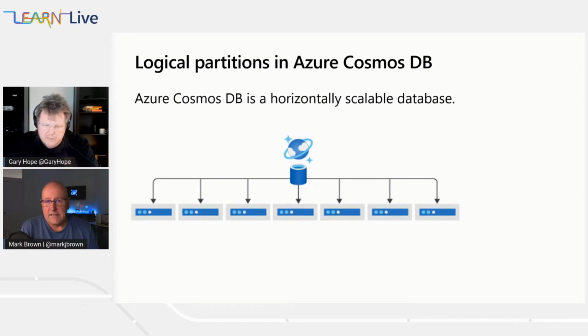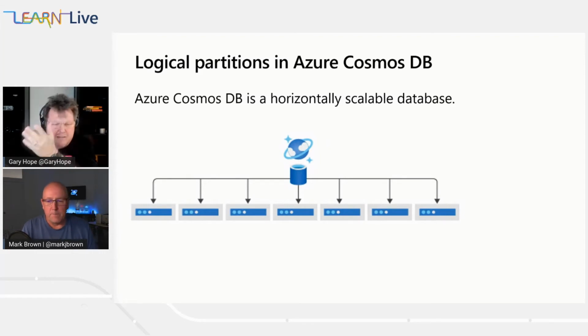To access this data, you need what's called a partition key, which we use to assign data to each of these different partitions. This partition key is a property on each document, and it's a required property. Documents with the same partition key value are always located on the same logical partition.